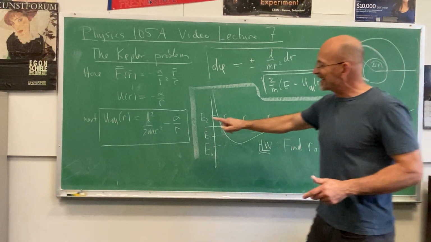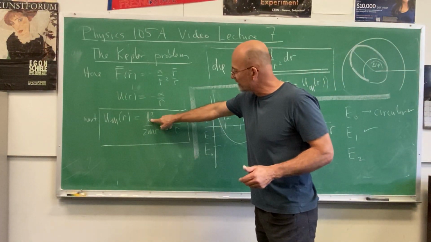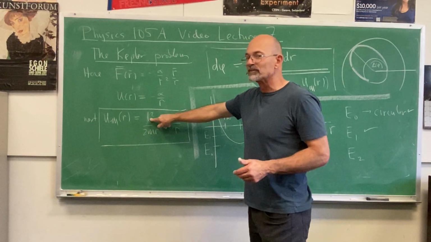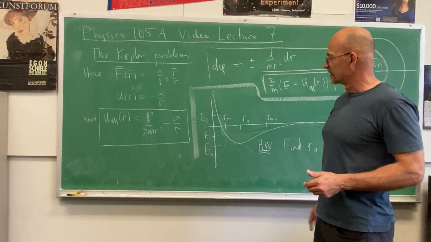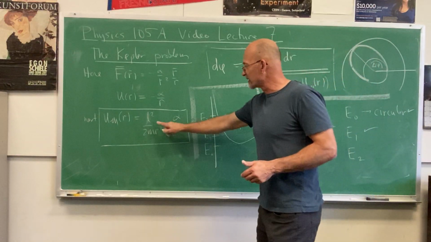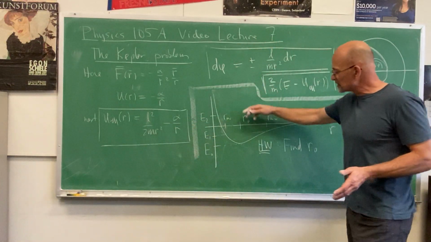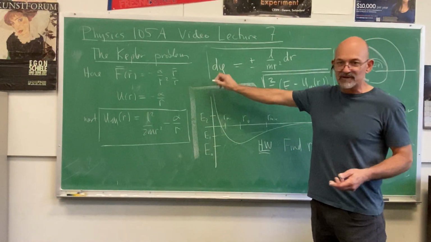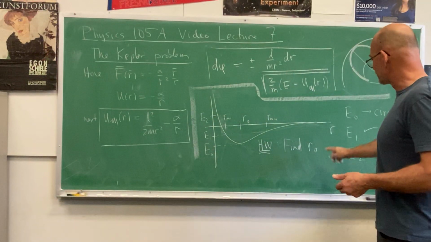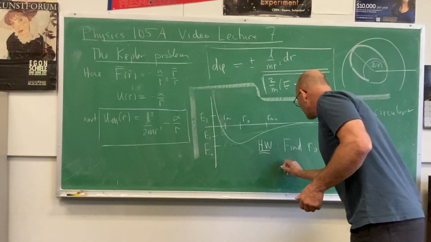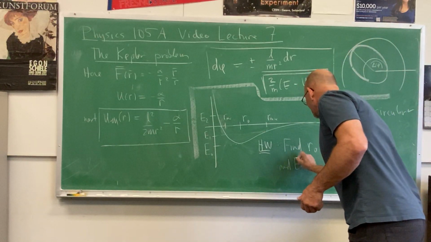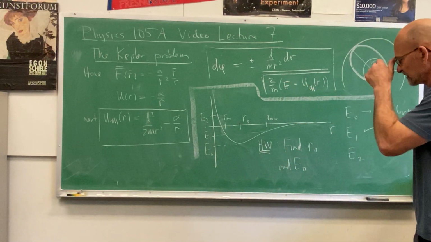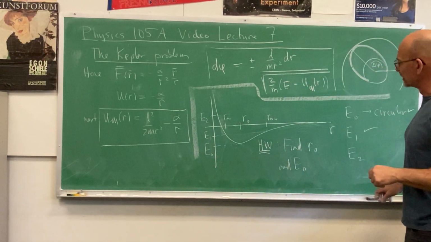Remember, this is for a given value of the energy and in particular, a given value of the angular momentum. So in the effective potential graph, the angular momentum is always constant, and we're looking at different values of the energy. So find R0 and E0 in terms of these other parameters. Just to say we did something here.